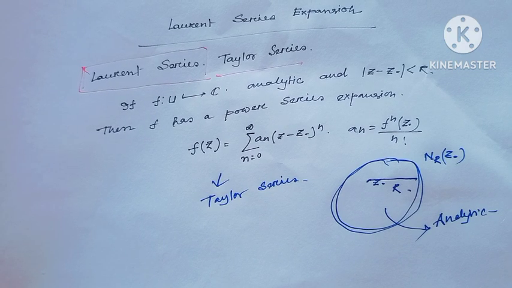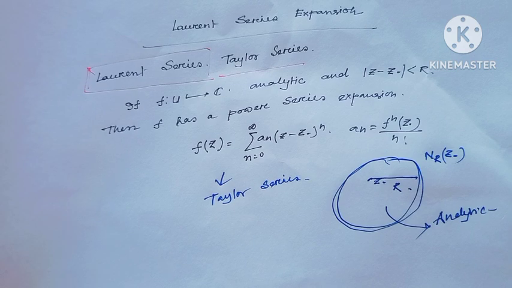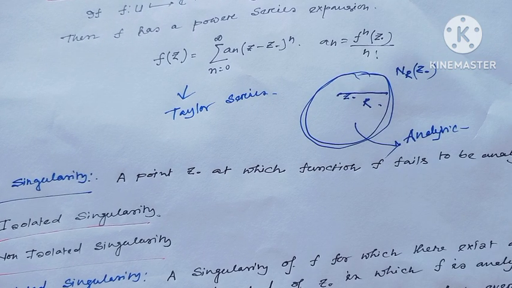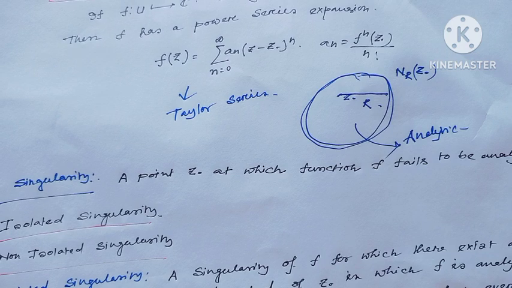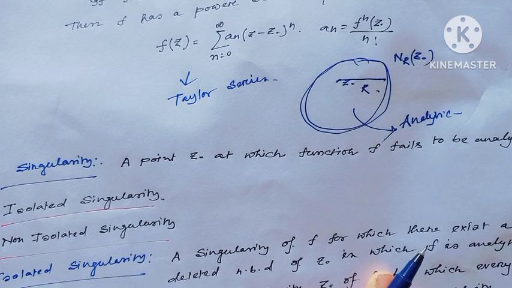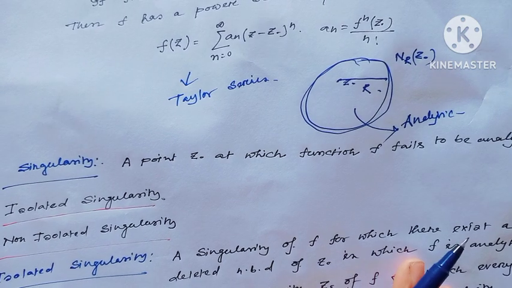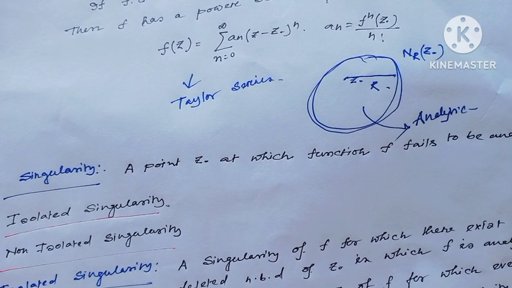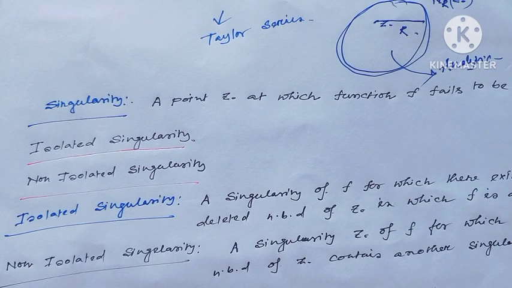What is the definition of singularity? A point z0 at which the function f fails to be analytic is called a singularity. And singularity is of two types: one, isolated singularity, and second, non-isolated singularity.